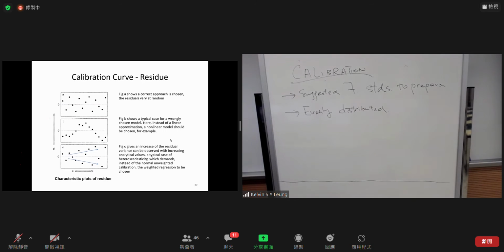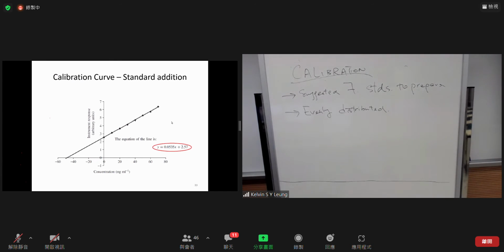So normally in some of your experiments, you need standard addition, okay? You need standard addition because maybe your sample matrix is a little bit complex, so you need to consider the matrix effects.